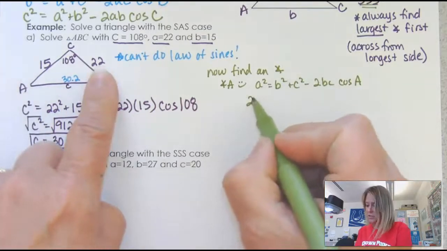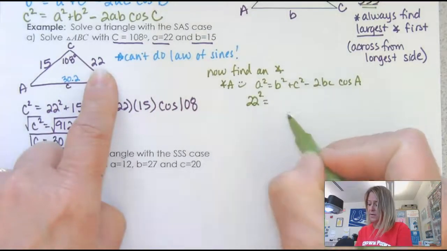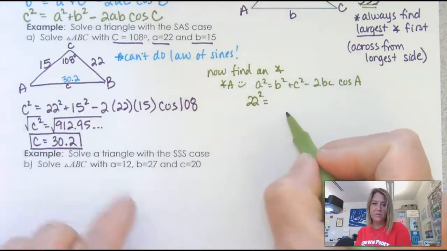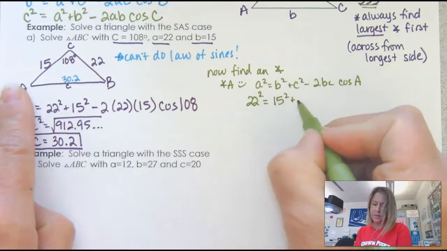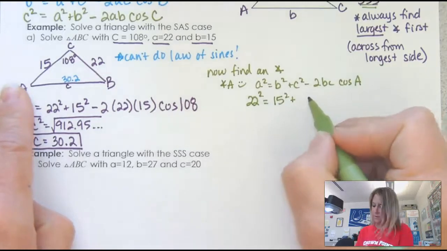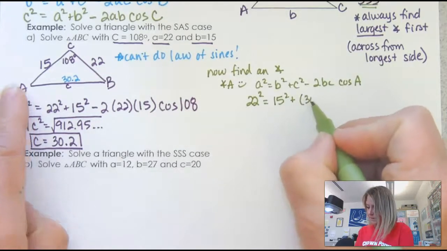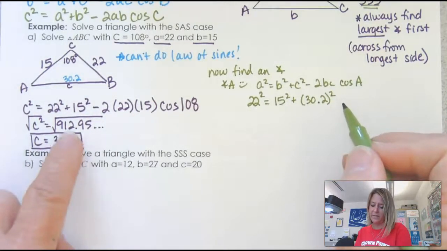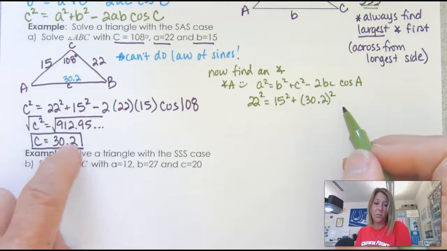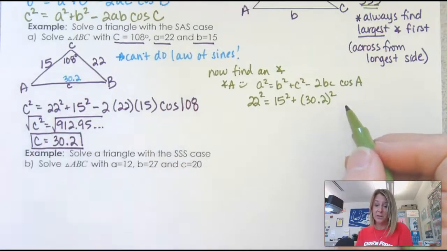So I've got 22 squared equals B squared, which is 15 squared, plus C squared, which is 30.2 squared. And do keep in mind that that's the answer we're using. It is a rounded answer, so this might not be absolutely perfect.